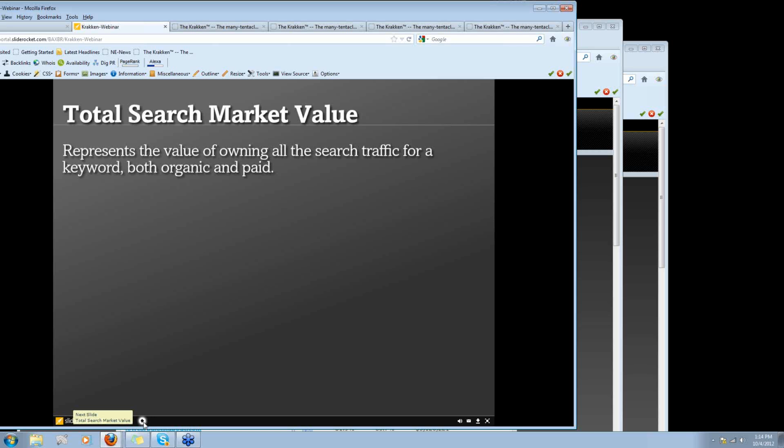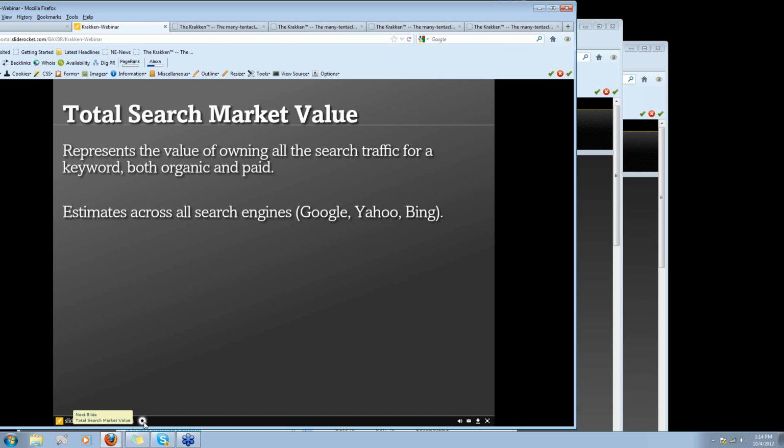And what this represents is the value of owning all of the search traffic for that particular keyword, both the organic and the paid. And so when we're looking at those total values up there at the top, we're looking at all of the important keywords, not just the bubble graph, but everything that's in the chart underneath it. We're looking at the value for both organic and paid for those keywords.